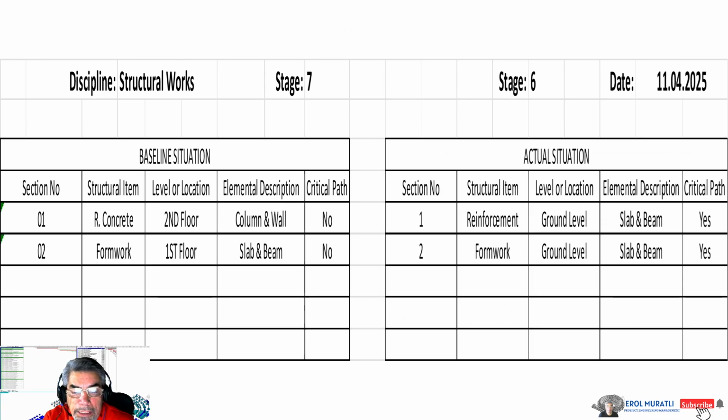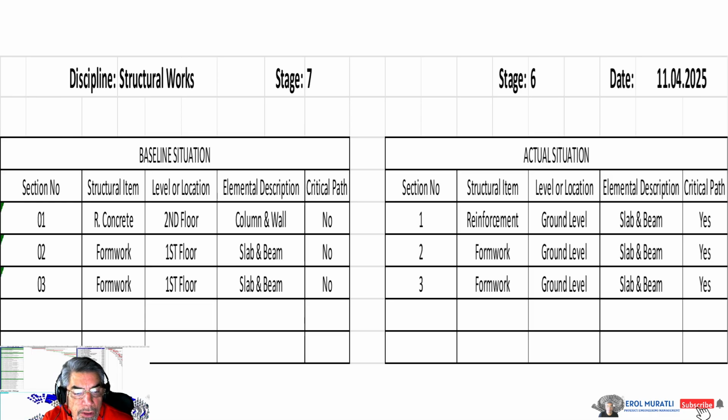So the same we will repeat for section 2. We will transfer the actual data from the visual. The same we will repeat for section 3 and transfer the data regarding section 3 from the visual.